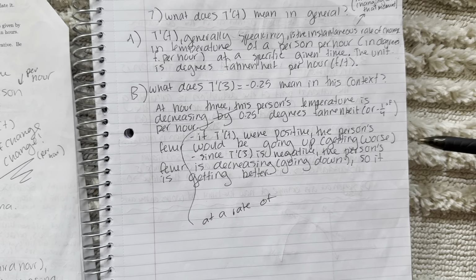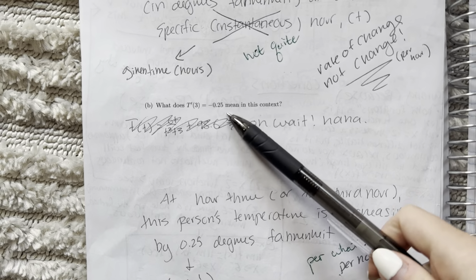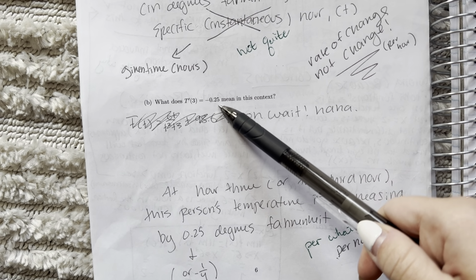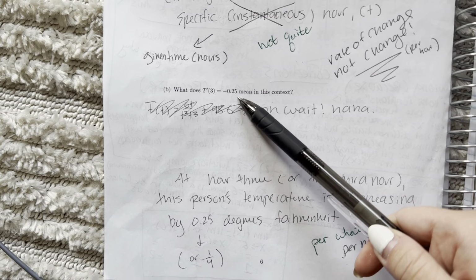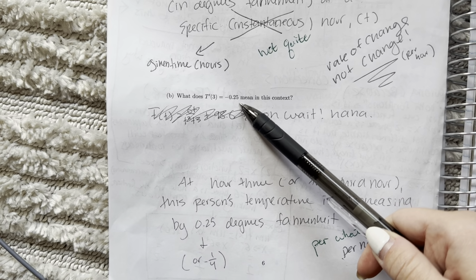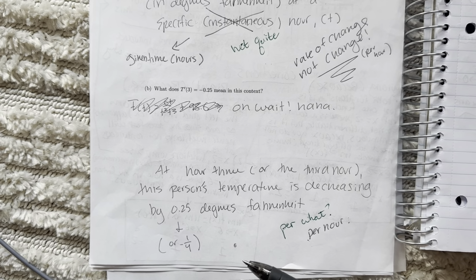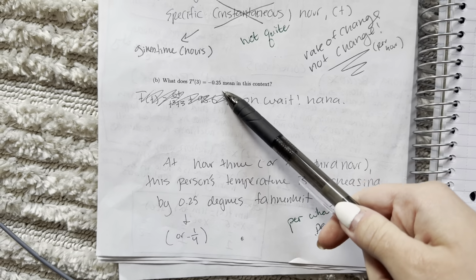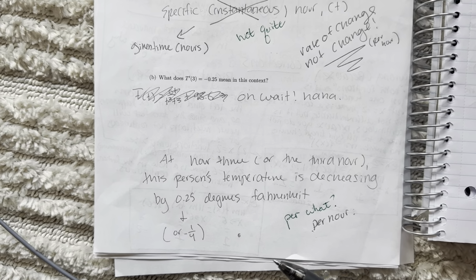And then I go on to explain this a bit more here. If T'(t) were positive, so if this was 0.25 with no negative, making it a positive number, that would mean this person's fever would be going up, so getting worse, since it would be increasing at a rate of 0.25 degrees Fahrenheit per hour.